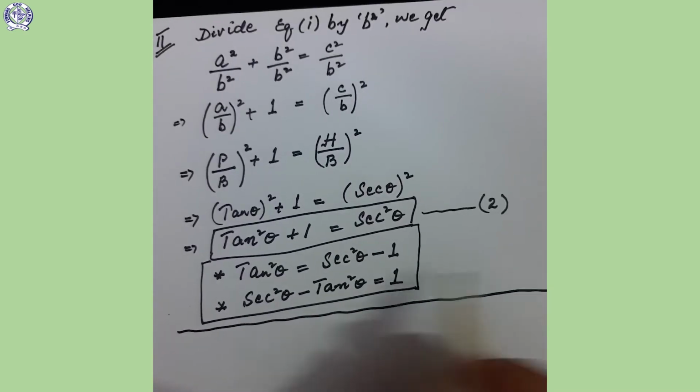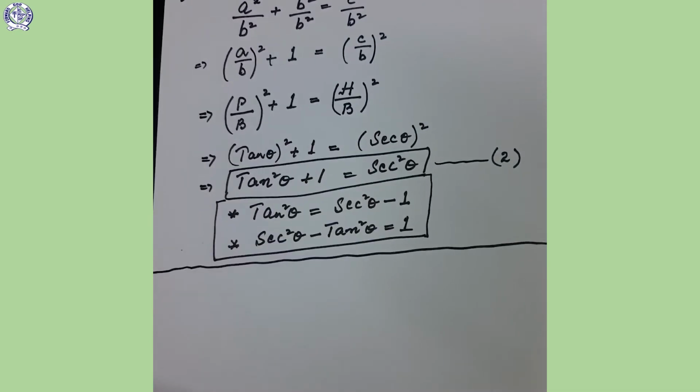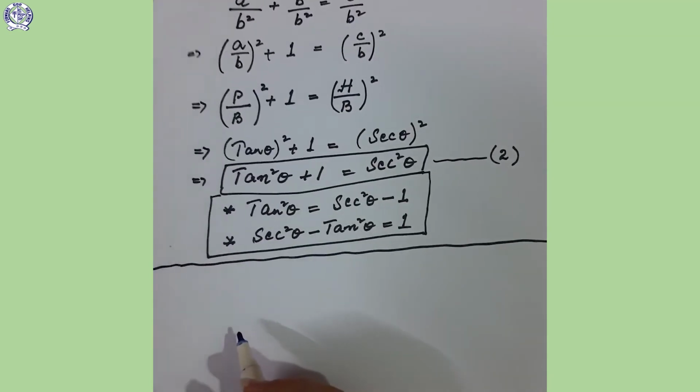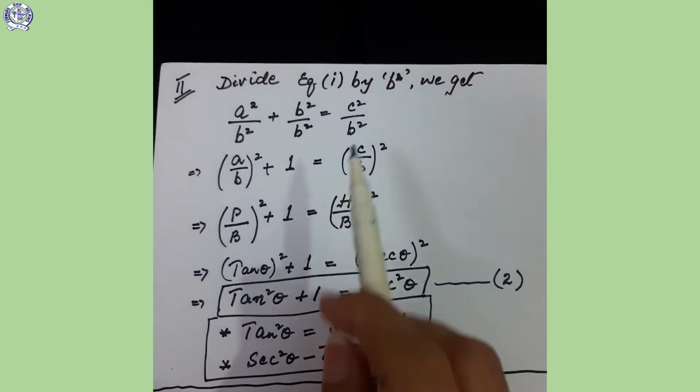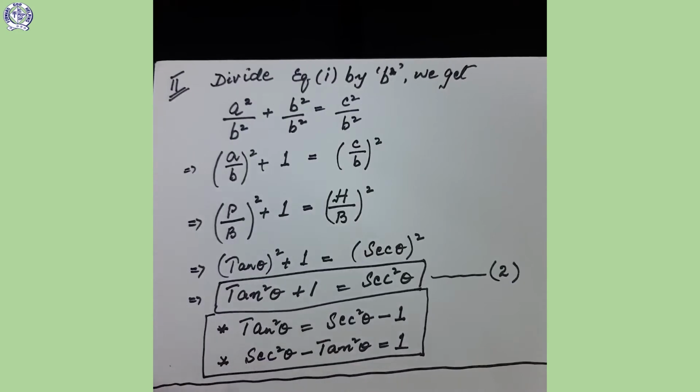Now we'll do the derivation of the third one, last identity. And these formulas then you can learn, and then we will apply these formulas to solve the questions. Okay. Now in the third one we have divided equation by b square, and in first one we have divided the equation by c square.